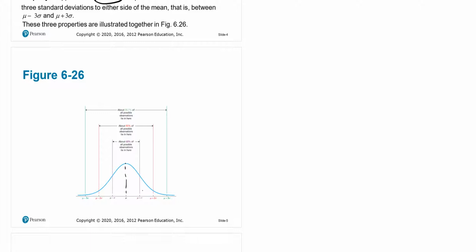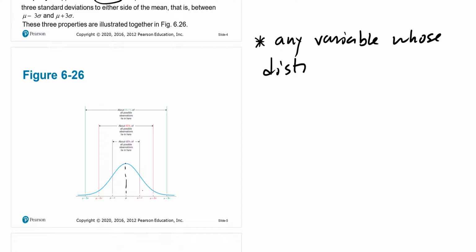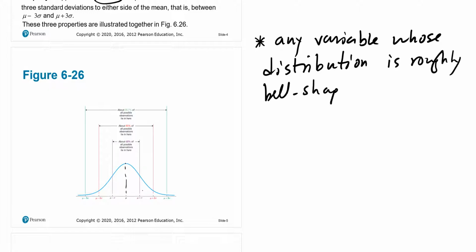Now, any variable whose distribution is about or roughly bell shaped, the empirical rule can be used.